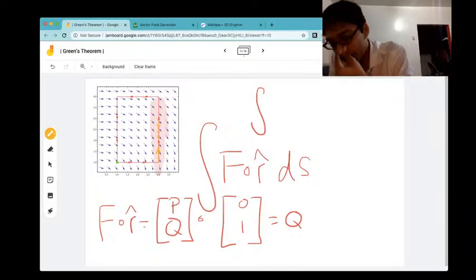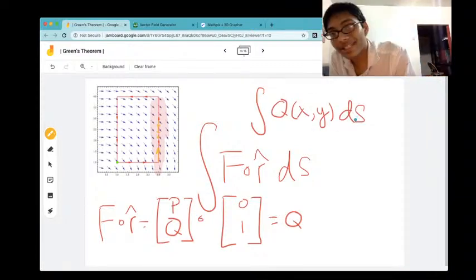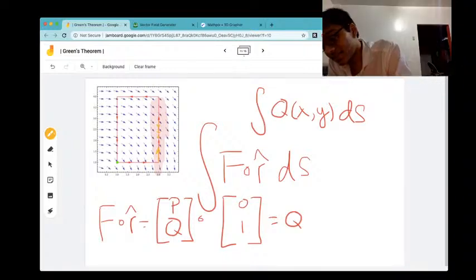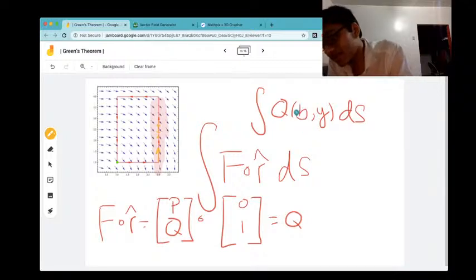So why don't we go ahead and do that, right? That's just q of x comma y ds. But remember, what are we holding constant this time? We're holding x constant, folks. So that means I can just erase this and write x as b, right? Because we're on that part of the bounds.